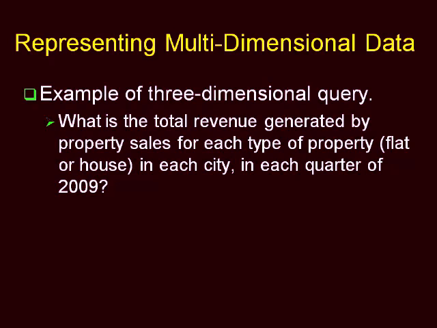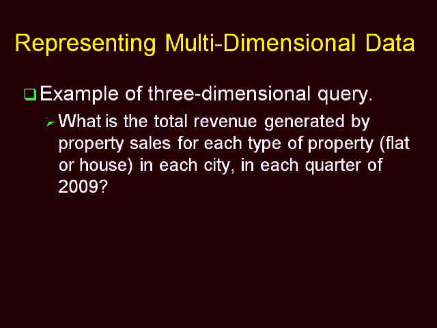If we extend the same representation into a matrix form, a two-dimensional matrix now becomes three-dimensional. One more dimension is added here, property type, to our earlier discussion. House and flat are the 2 rows. So, for each type of property, what are the sales in each city for each quarter?